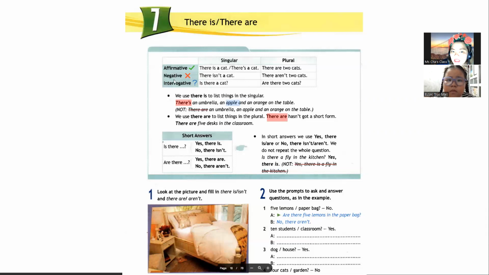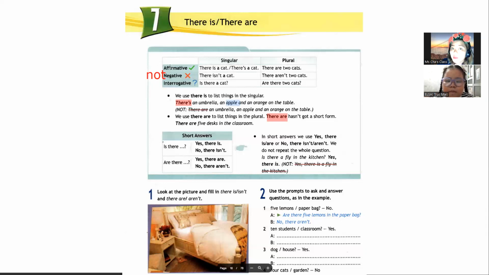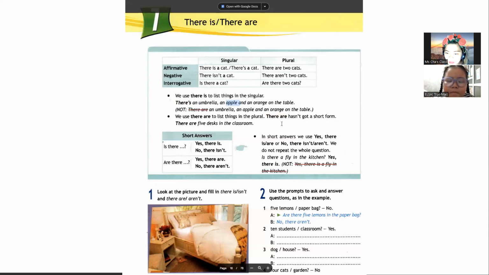When you see negative, it already has the word not in there. Interrogative means question form. And affirmative is the ordinary sentence that we are familiar with.